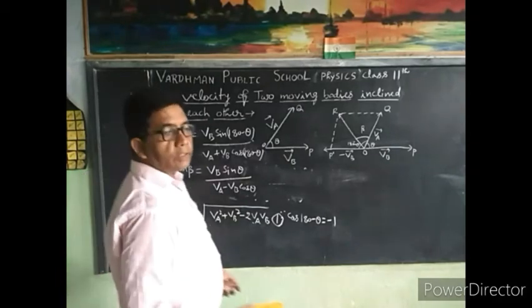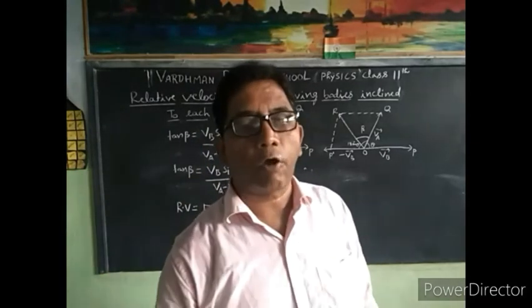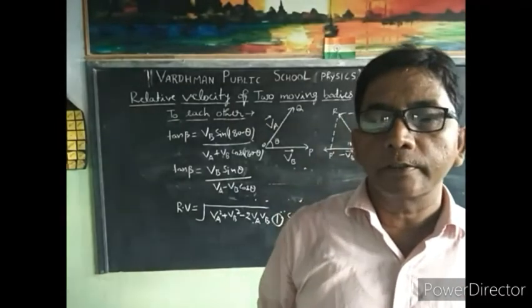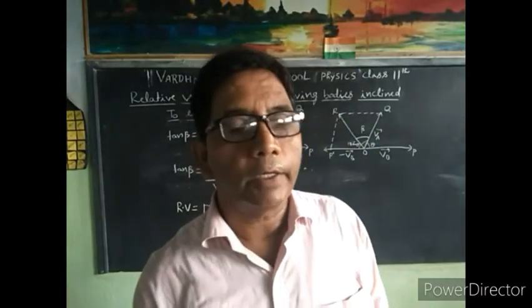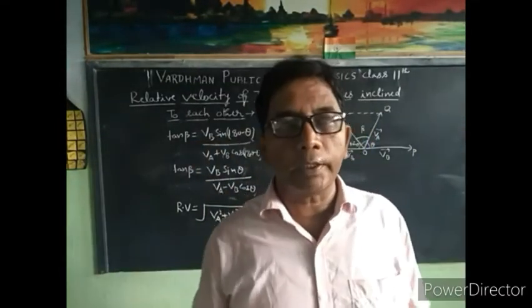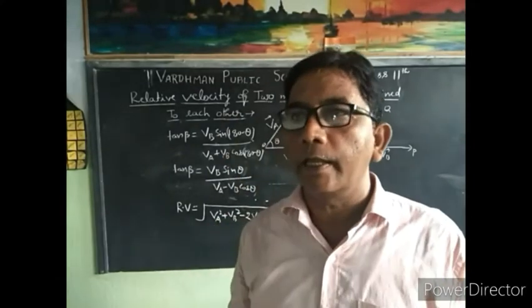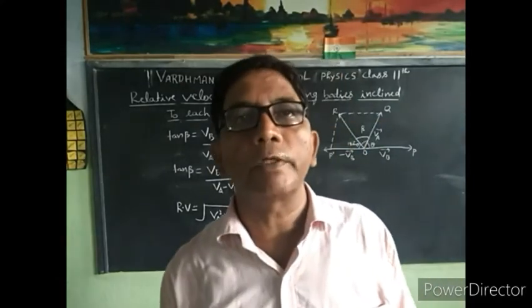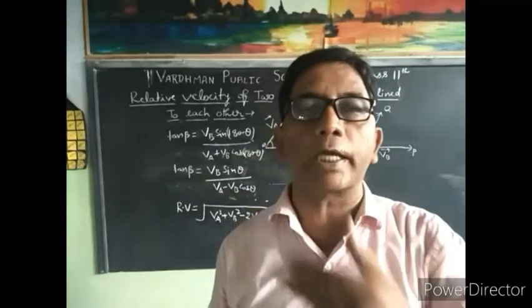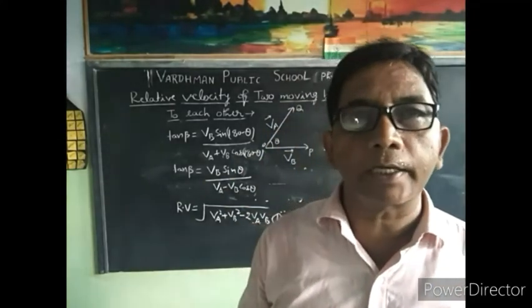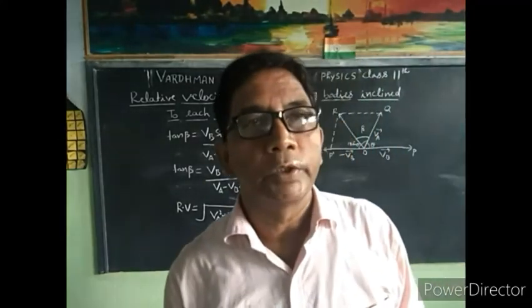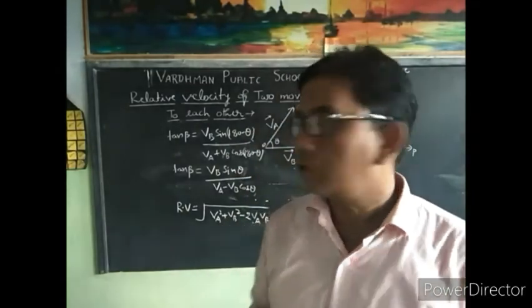Now we will consider two cases. The first case is when two bodies are moving in a parallel straight line and in the same direction. In this case theta is equal to 0.